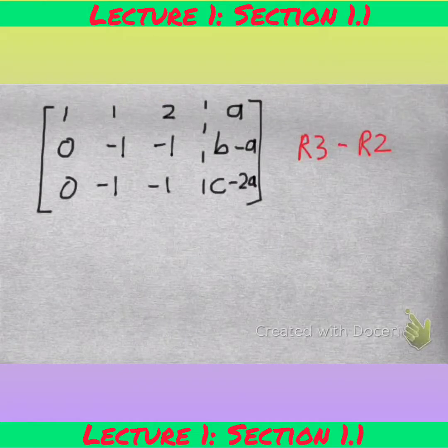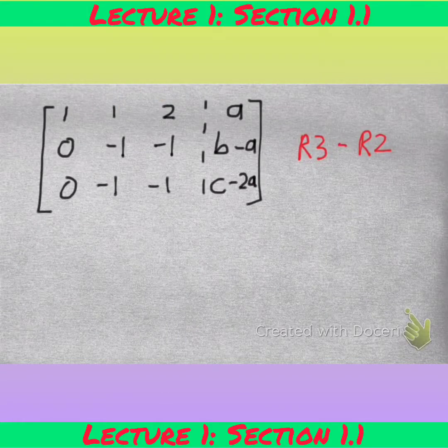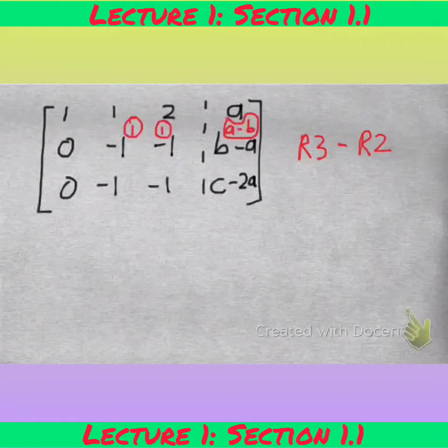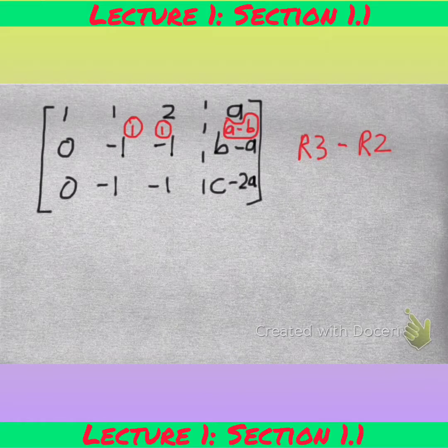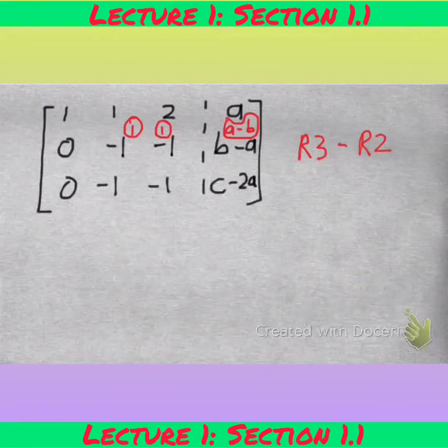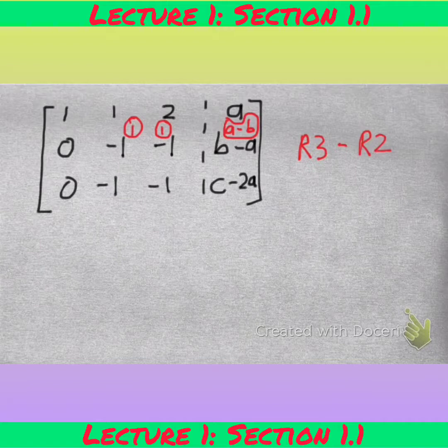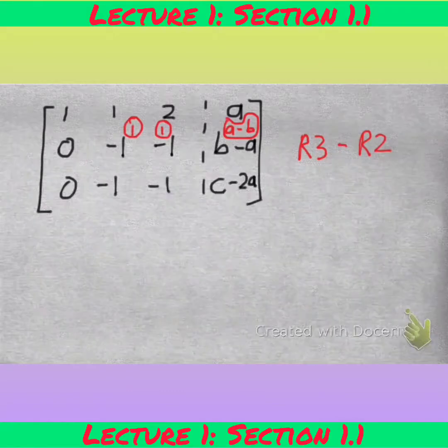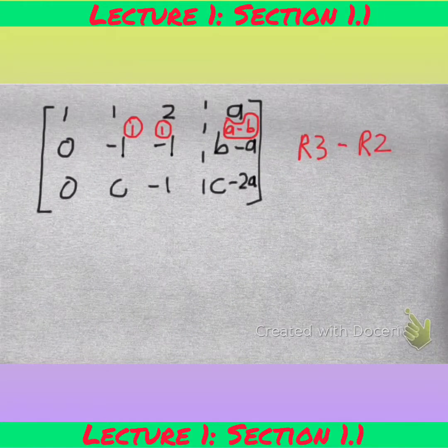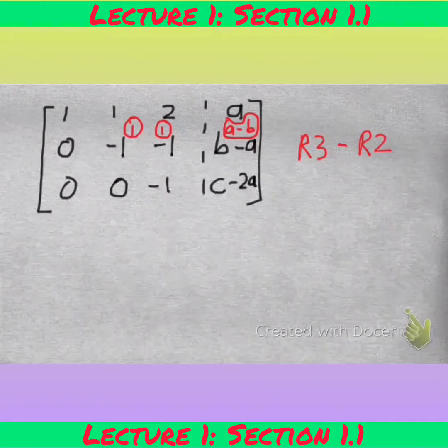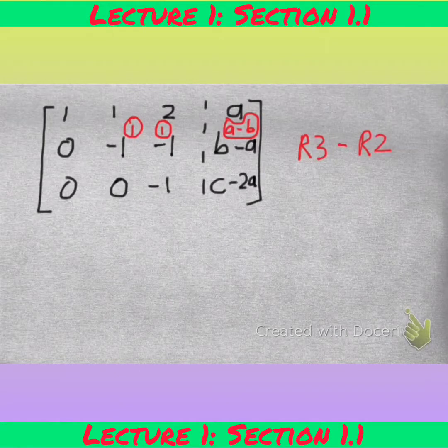Right, next we're going to change the third row by adding negative the second row to the third row. Right, so we multiply the second row through by -1, so we get 1, 1, and a minus b. And now we're going to add that to the third row. So 1 plus -1 is obviously going to be 0. And then again 1 plus -1, again that is going to be 0.